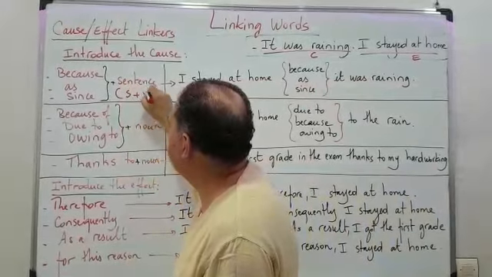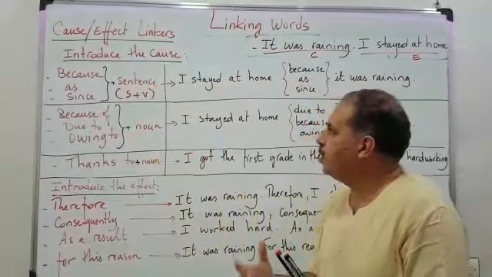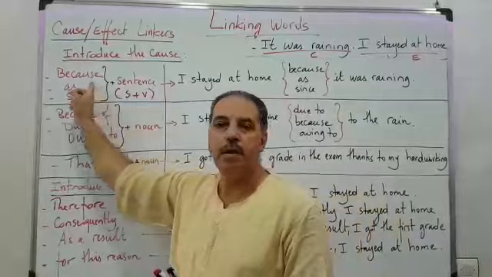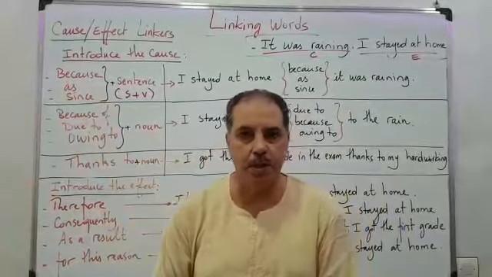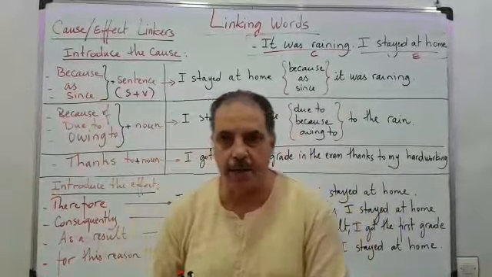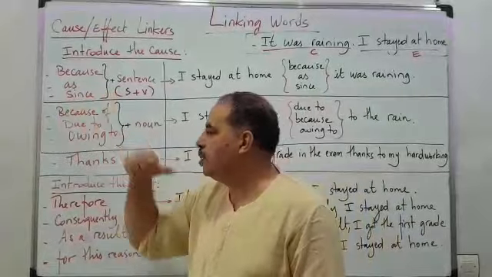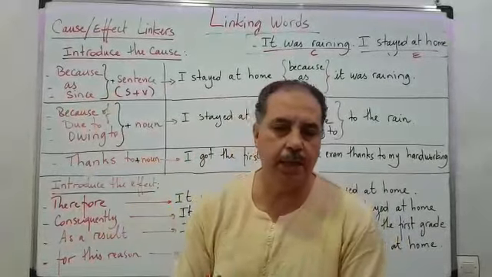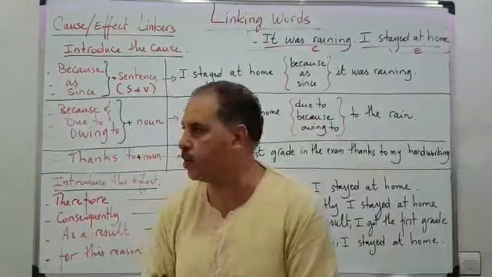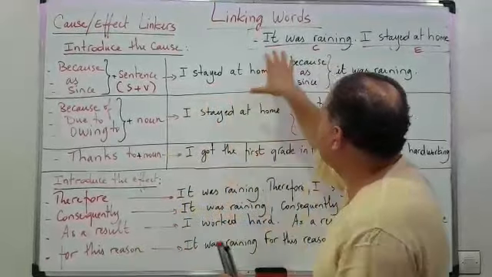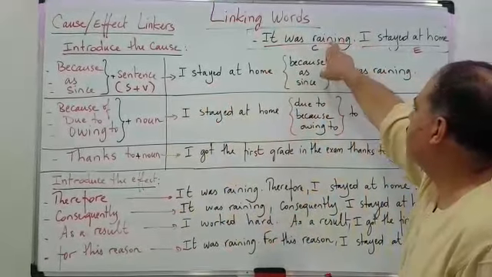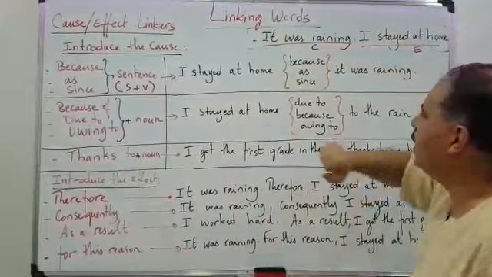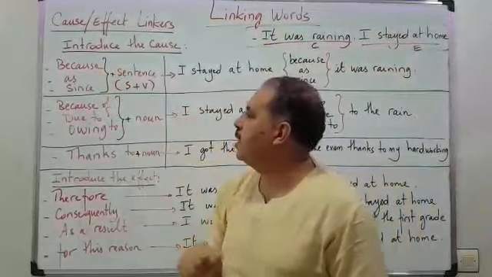A subject plus verb. In Arabic, everybody knows what is because: لأن. As, and since, all of them mean because. So let's combine the cause and this effect by using these linkers.